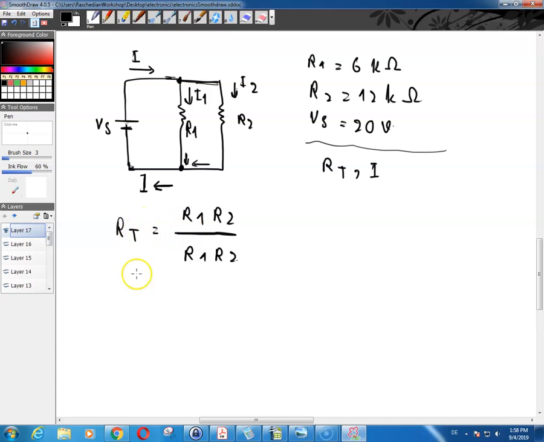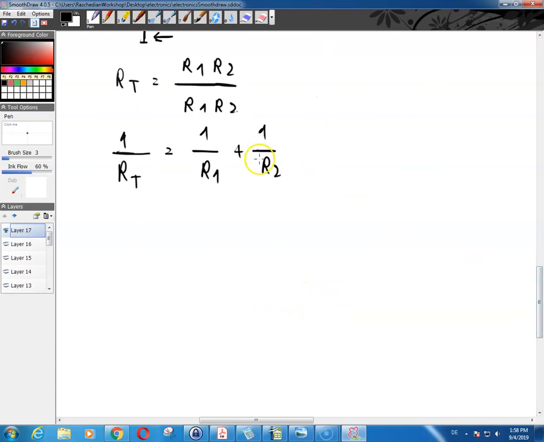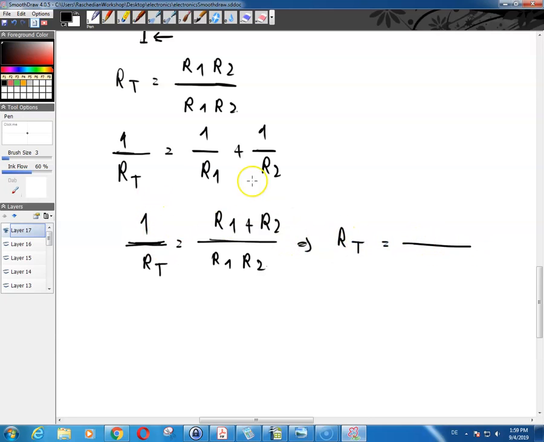Or you can use this relationship: 1 over R of T is equal to 1 over R1 plus 1 over R2, which you can write as R1 times R2 over R1 plus R2 equal to 1 over R of T. If you take the reciprocal of both sides, you get R of T equal to R1 R2 over R1 plus R2, which is basically what I've written over here.